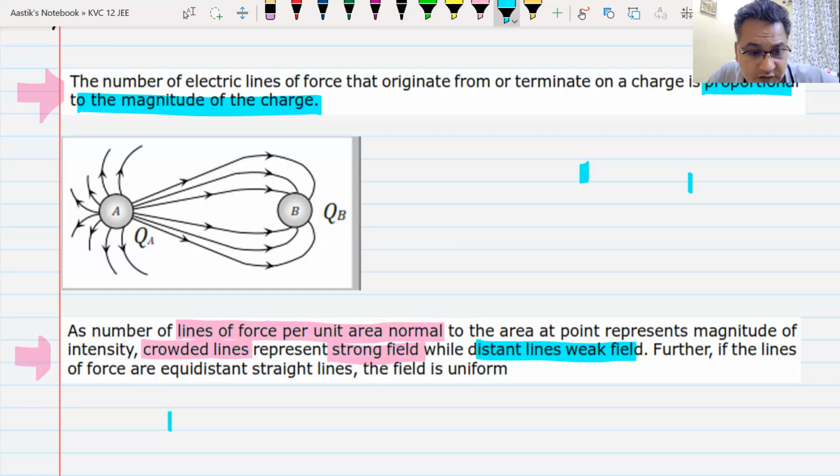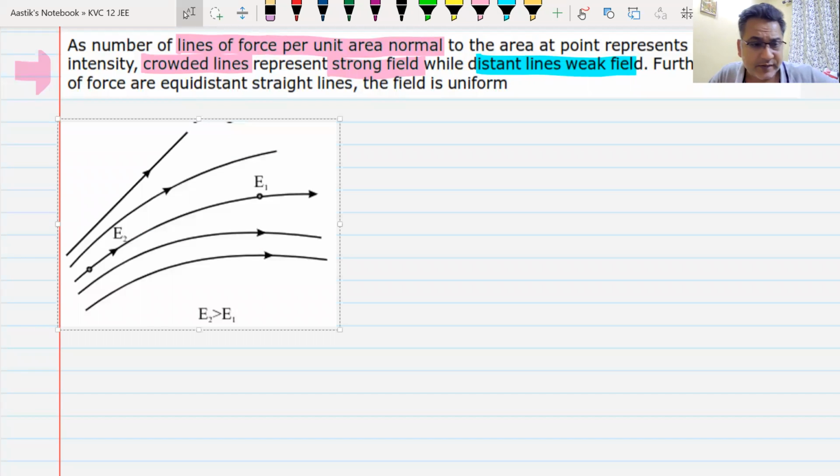Okay. Now look at the diagram and tell me where is the field stronger and where is the field weaker. E2 is stronger, sir. E2 is stronger and E1 is weaker. Do we understand this? Yes, sir.